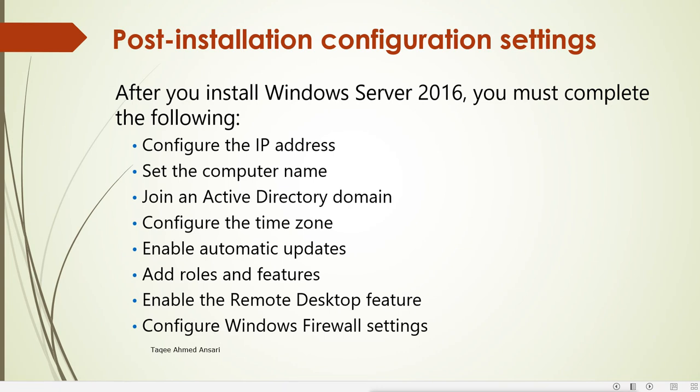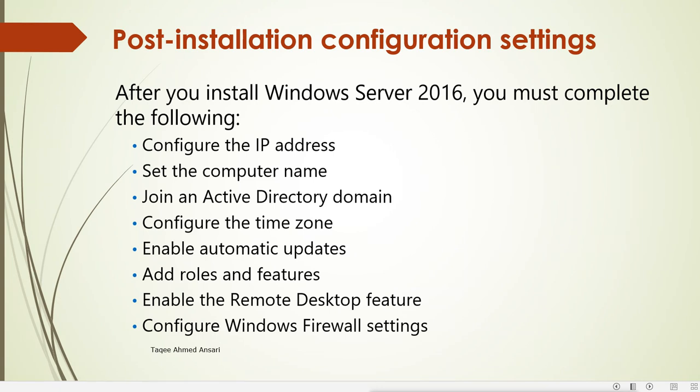For this, we did the configuration of the IP address, and we configured the name. For time zone, if we need, we can configure it. Automatic update is enabled. We have already seen how we can add roles and features, and enabling remote desktop if it is required to manage the server graphically.